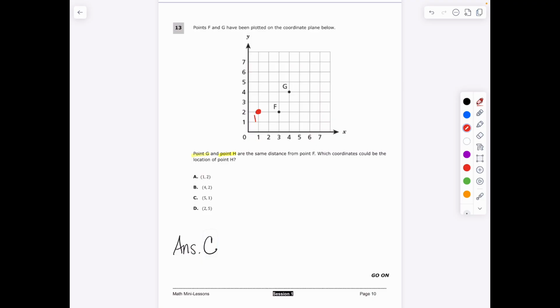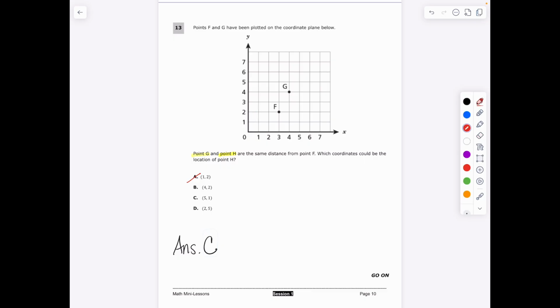So let's say this is H. And they're saying G and H are the same distance from F. So is this the same as this? And honestly, no, it isn't. Even though it looks diagonal, it's not the same. Because I'm going over 2 units and this is going over 2 units and I would still have to go over 1. So nope, this is not the same as that. So that's meant to be tricky. So forget that point.